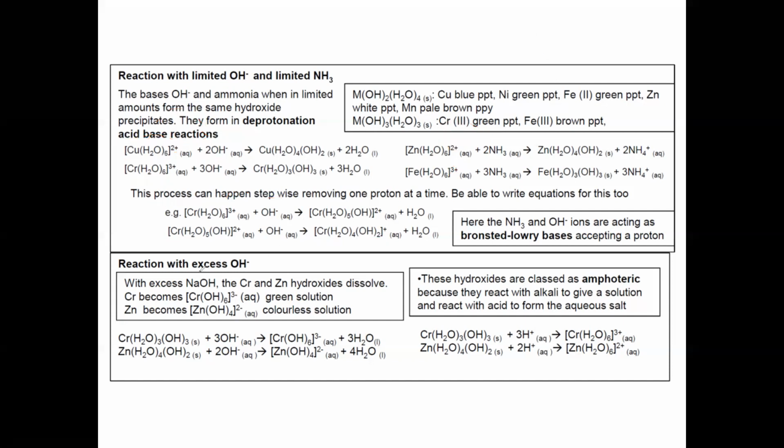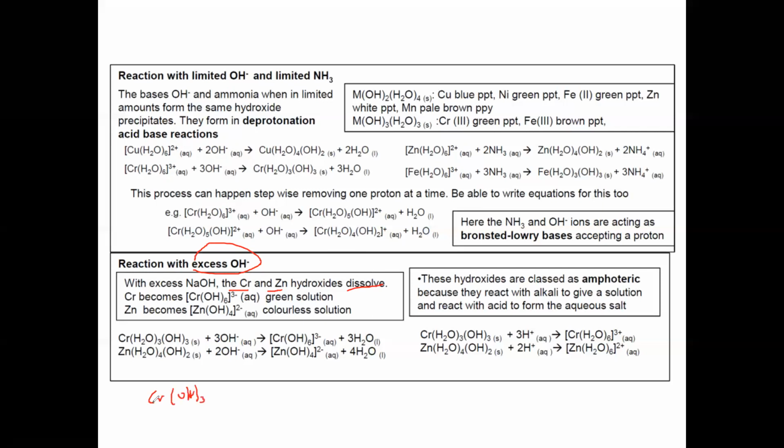Same thing, if we add an excess of sodium hydroxide, what happens is that chromium and zinc hydroxide dissolve. Why does this dissolving occur? We call them amphoteric, because it is actually chromium(III) hydroxide.